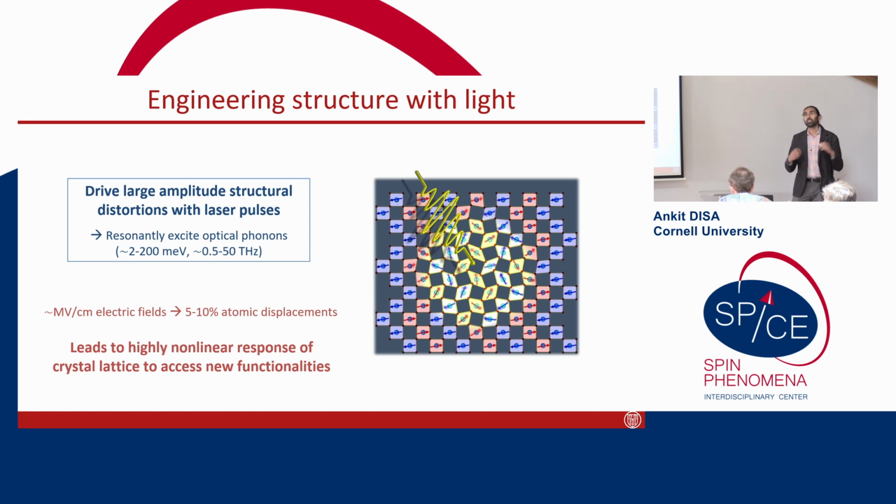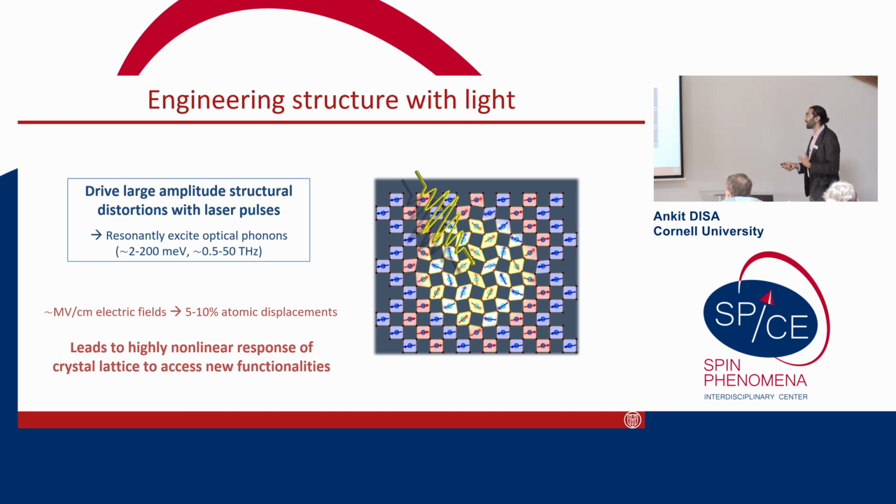So we spent a lot of time in Hamburg, and I spent a lot of time during my postdoc developing laser sources that allow us to actually resonantly drive the lattice vibrations, the phonons of the system, to very high amplitudes. It's a somewhat non-trivial task, but I can tell you that now we have lab-based sources that allow us to really access nearly the full range of phonon frequencies in most complex crystals with electric field strengths on the order of megavolts per centimeter.